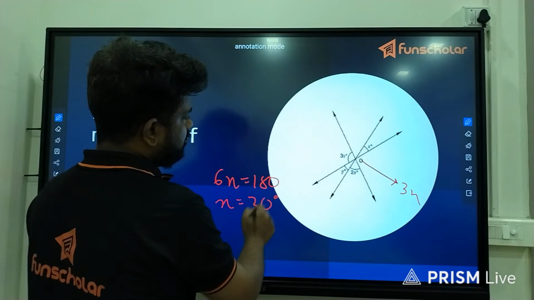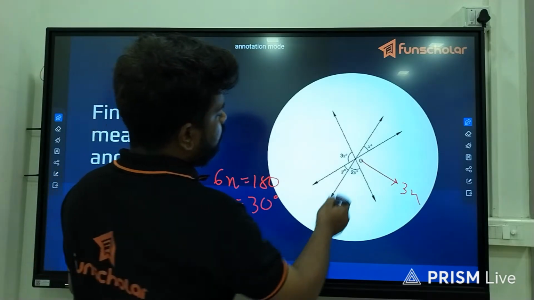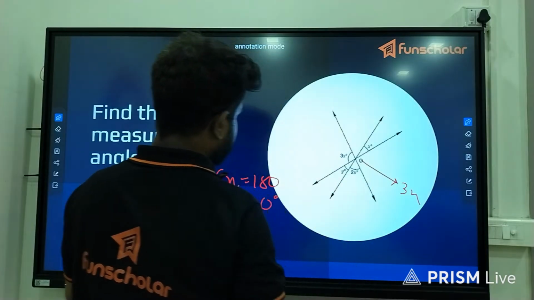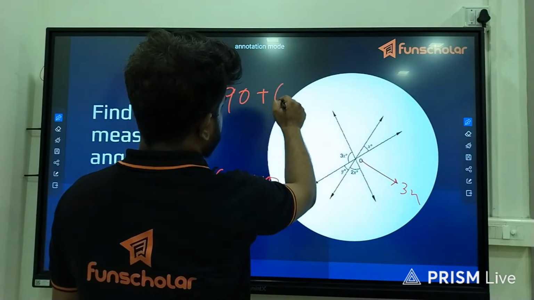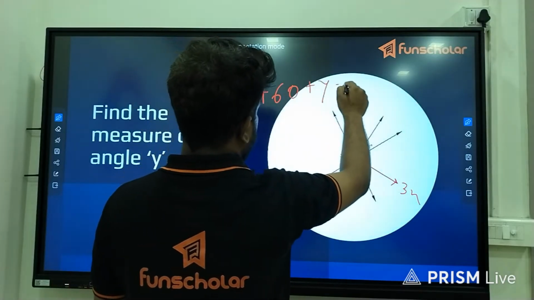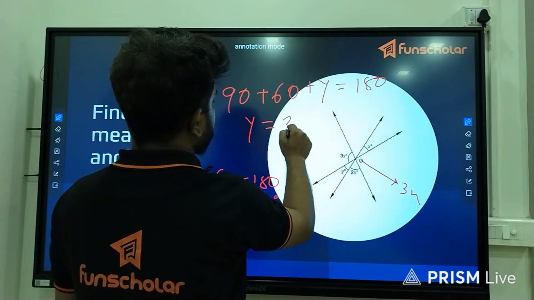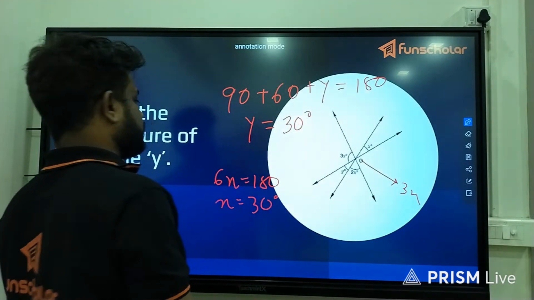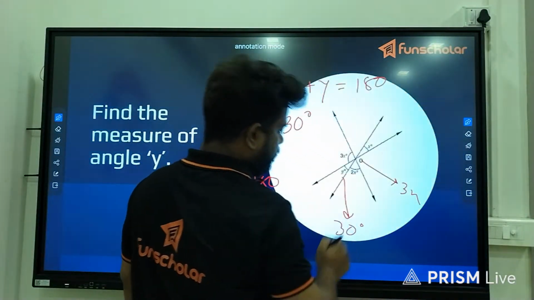So x equals to 30. And for x equals to 30, 3x plus 2x, that means 3 3s are 90 plus 60 plus y equals to 180. So y equals to 30 degree. So 30 degree will be the answer, the measurement of y.